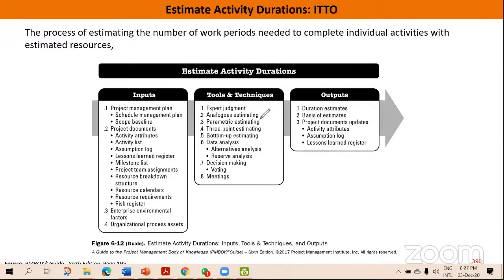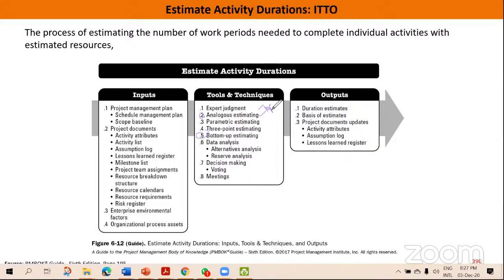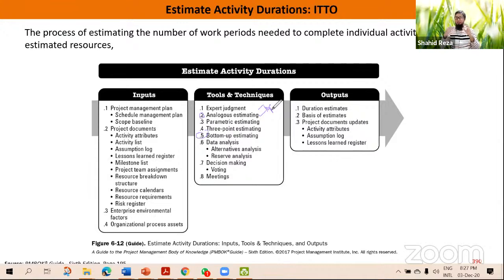Okay, so analogous estimating: you need to understand the difference between bottom-up and analogous estimating. In analogous estimating, we are using historical data, and this is actually a top-down approach, because from the top, using analogy, we are saying that this task will take this much time. So analogous estimating is top-down, and it is not very accurate.